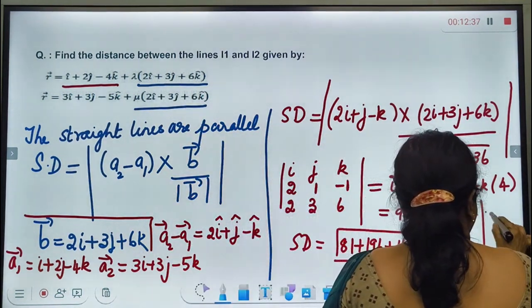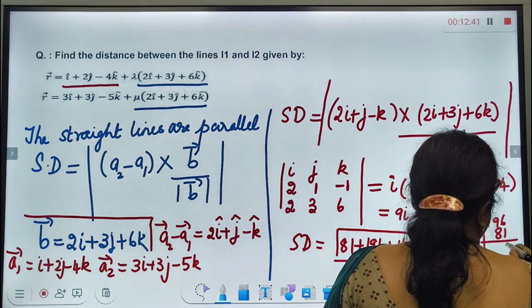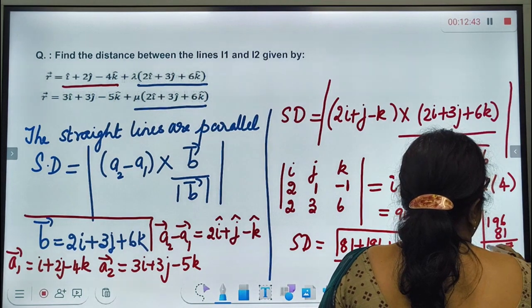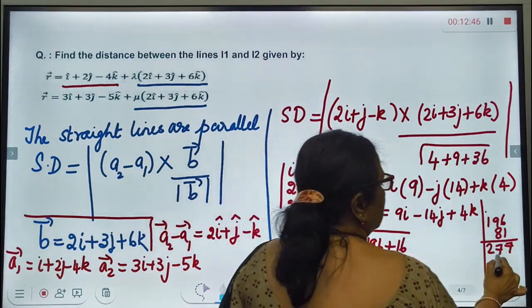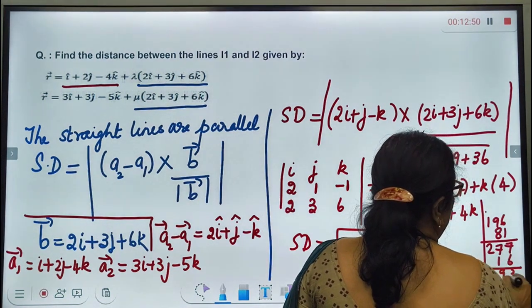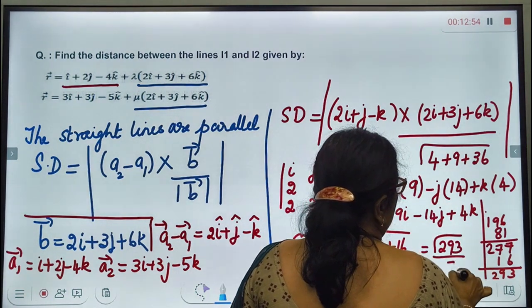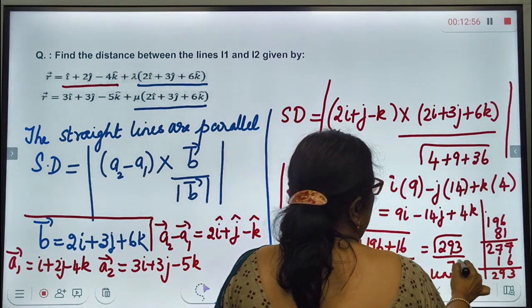So you have 196 plus 81, which is 277, plus 16. So this is equal to root of 293 by 7 units.